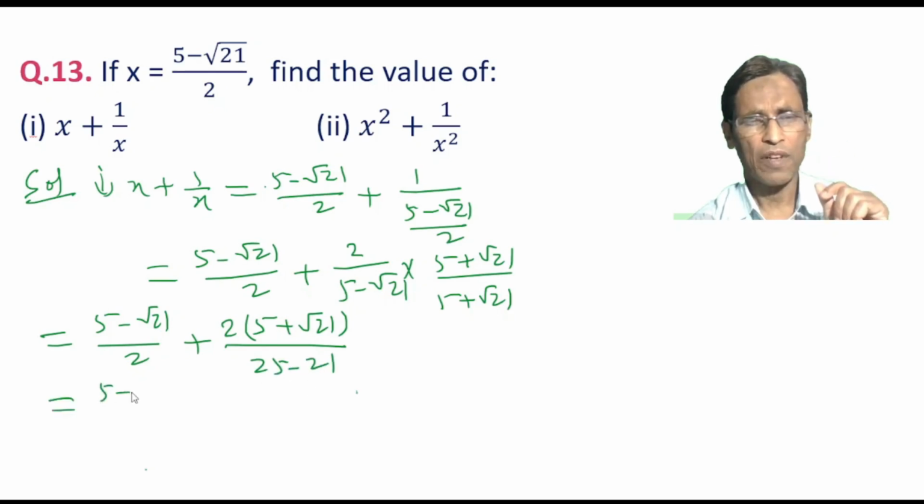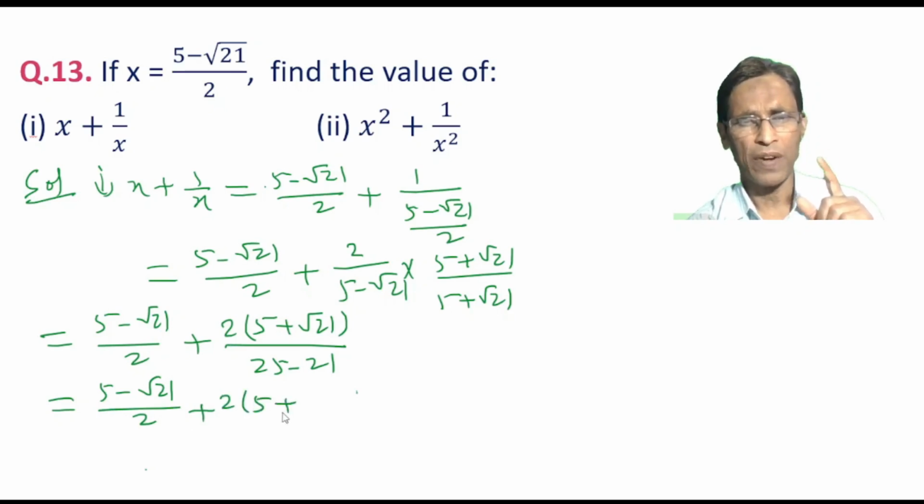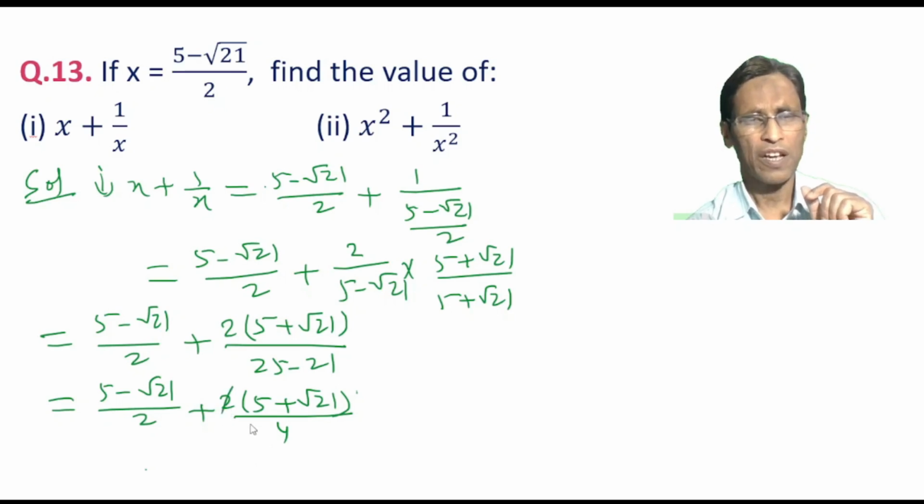After this we have 5 minus root 21 by 2 plus 2 times 5 plus root 21 by 25 minus 21, which gives 4. 2 twos are 4, clearly 2 can divide 4 in 2 times. So it is 2. Now the denominator of each fraction comes to 2. Here it is 2 and here it is also 2. In the next step, the two fractions have the same denominator 2.